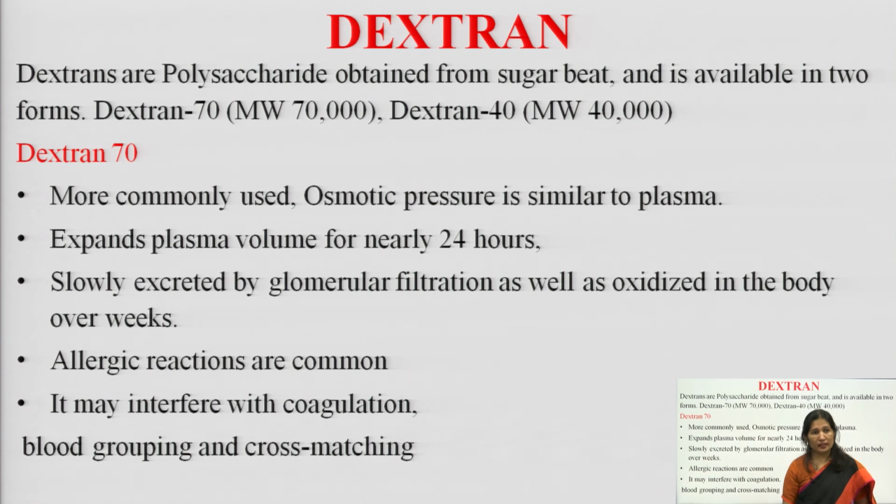Allergic reactions are quite common with dextran, and it may interfere with coagulation, blood grouping and cross matching. So, dextran is of two types, 70 and 40, depending upon the molecular weight, and it is a quite commonly used plasma volume expander of the colloid type.